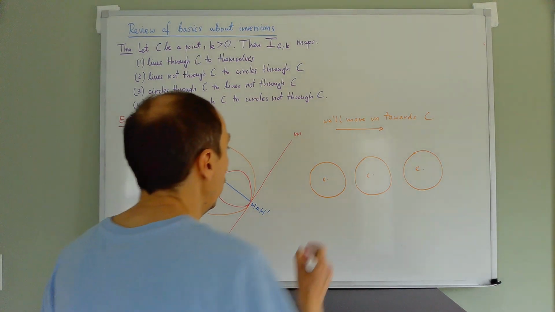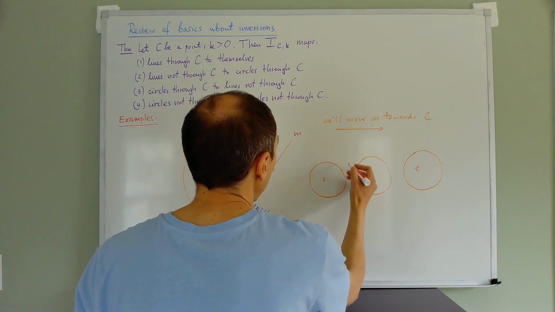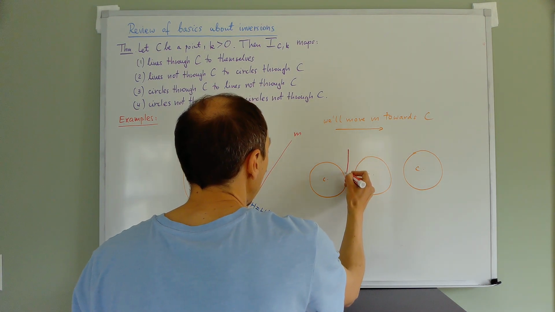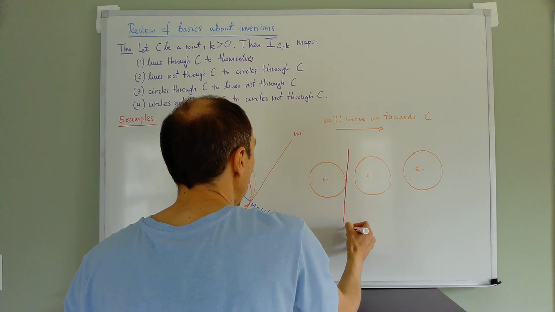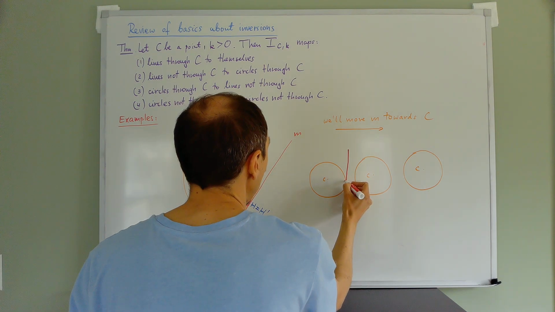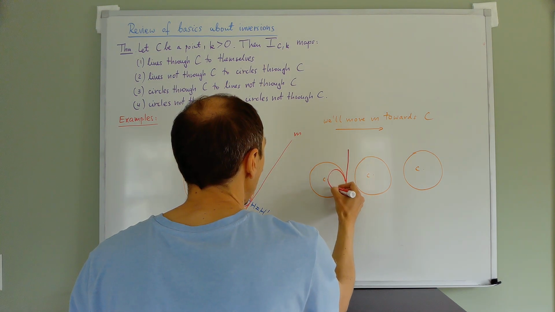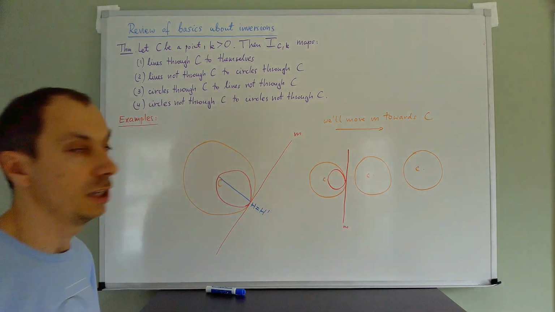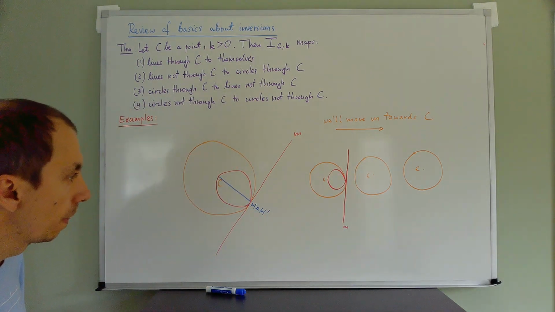So on the first picture, we can start with the line M being tangent, like here, and then this is the image of this line.